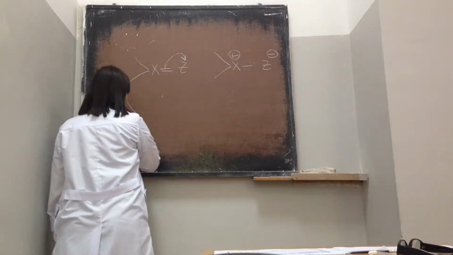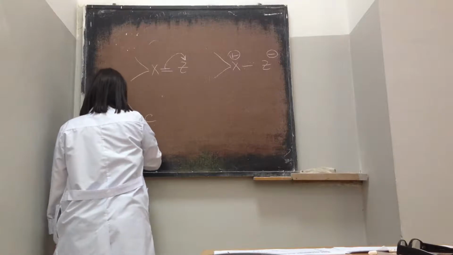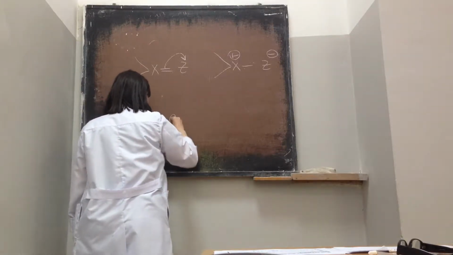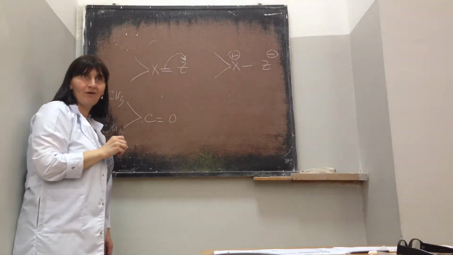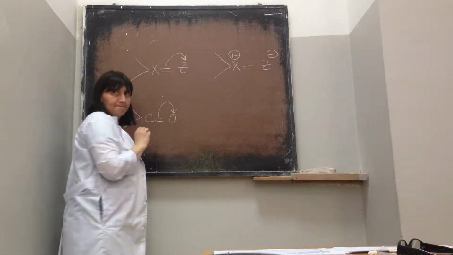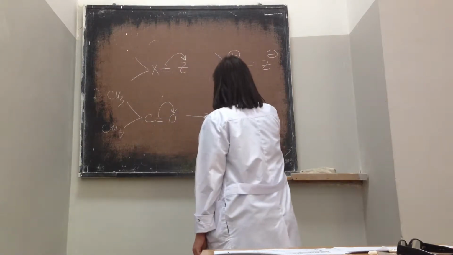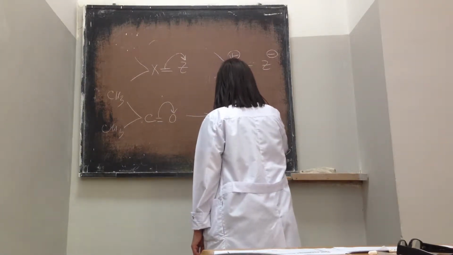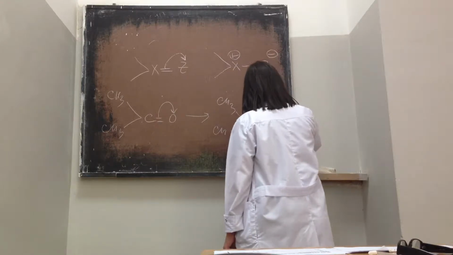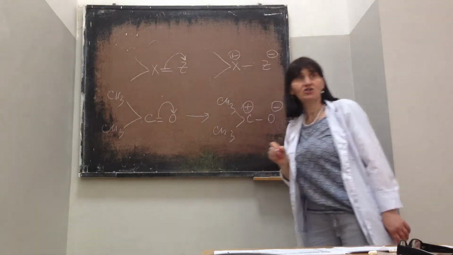Now look: CH3, CH3, C double bond O. You can write another version, CH3, CH3, C, O, where oxygen has a minus charge and carbon has a plus charge.